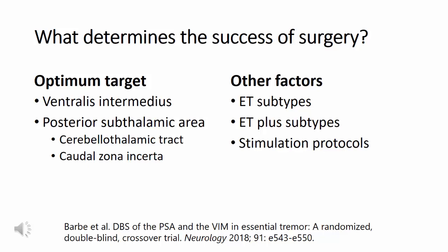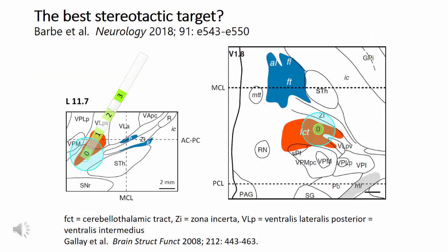Ventralis intermedius and the anatomical structures of the posterior subthalamic area are very small and very compact. It is therefore very difficult to selectively stimulate or ablate ventralis intermedius, the posterior subthalamic tract, or the caudal zona incerta.